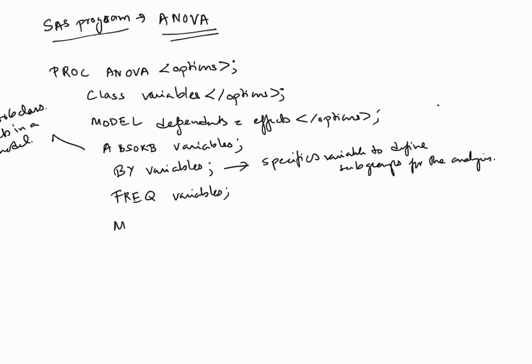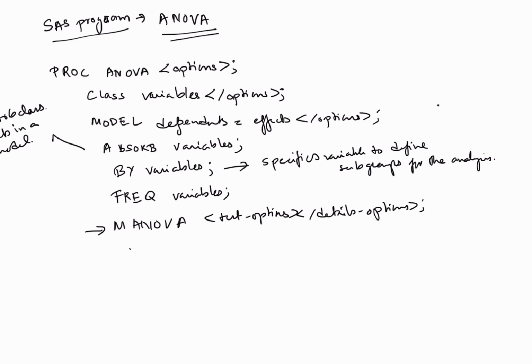You can do multivariate analysis as well. There is an option within PROC ANOVA for multivariate analysis of variance. So you can perform that, but for that, again, you have test options and you have detail options.